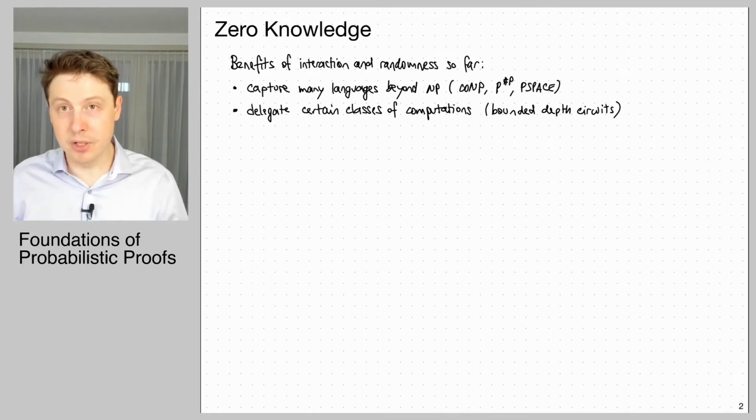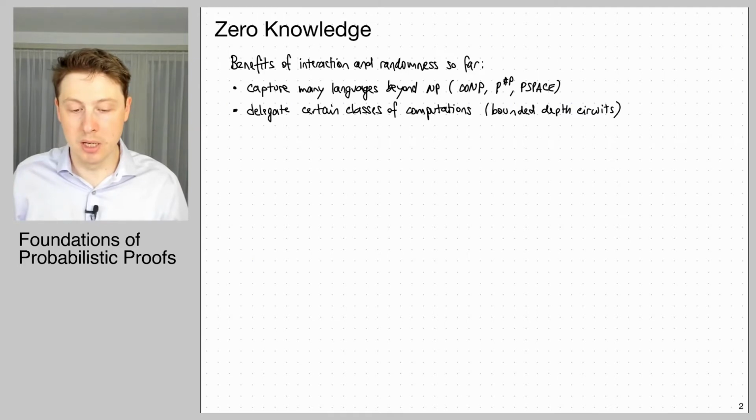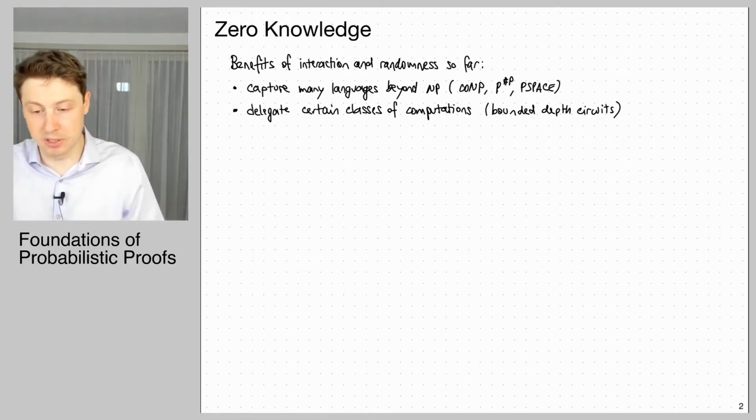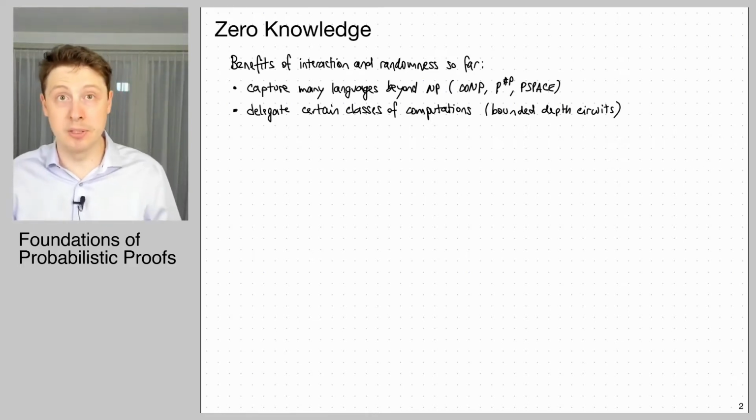Even for languages that are tractable, that we can solve on our own, we saw that interactive proofs can help with delegation. Not all tractable computations, but at least interesting classes. For example, last time we saw bounded depth circuits.